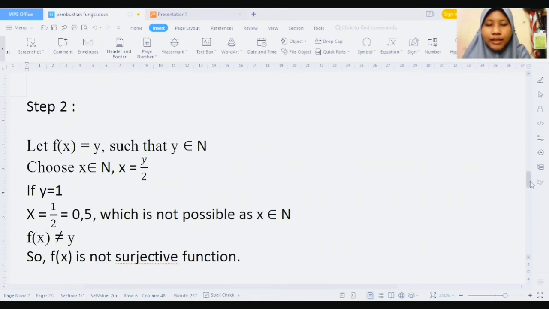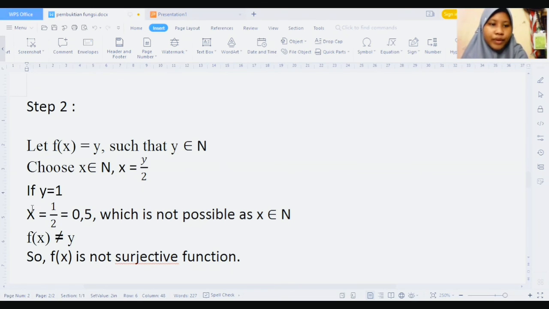And then step 2, we check if the function is surjective or not. From the definition, we have f(x) equal to y, such that y element of N. And then we choose x element of N, where x is equal to y divided by 2. Because N is the set of natural numbers, we can put y equal to 1, because 1 is a natural number.